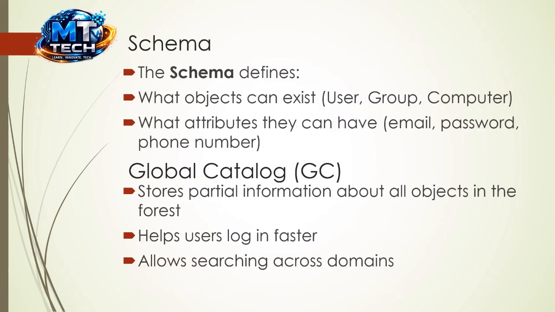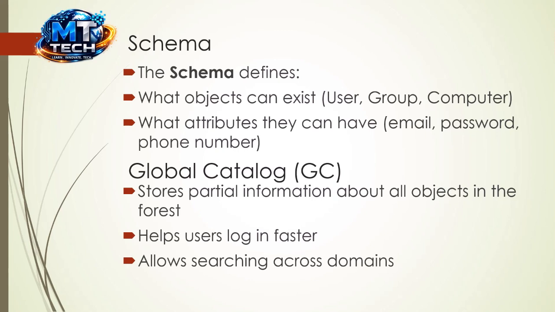The next one is the schema. As I told you, what is schema? The schema defines what objects can exist: users, groups, computers. And what attributes they can have, like an email, password, a phone number. When we create a user, the user should have an email, password, phone number.